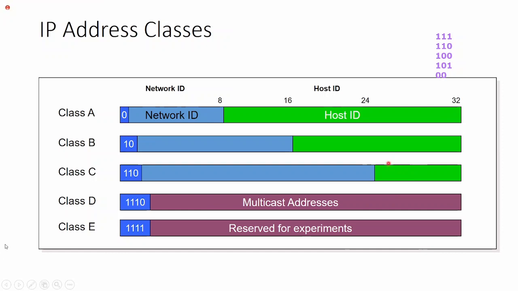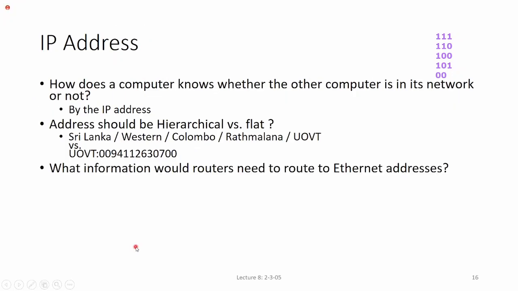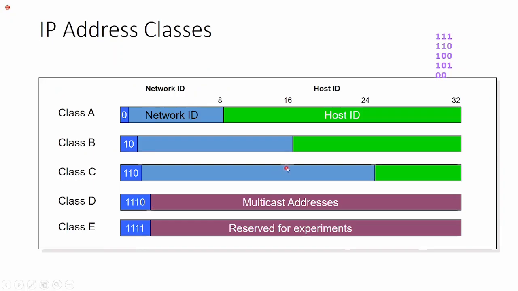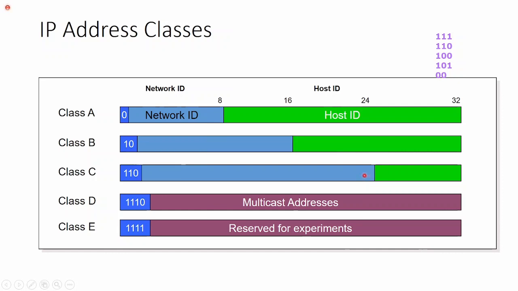The other thing to note is the network ID. In a class B address, how many different networks can you have? In class C, how many different network IDs can you have? Like in my previous example, different lanes we can give.